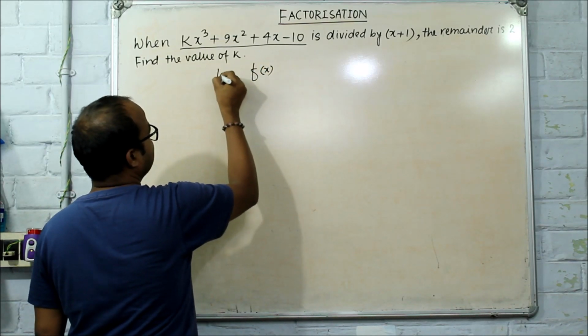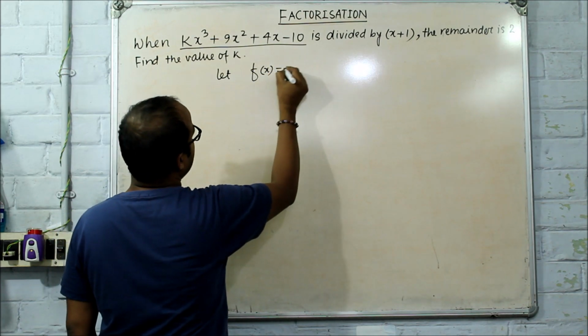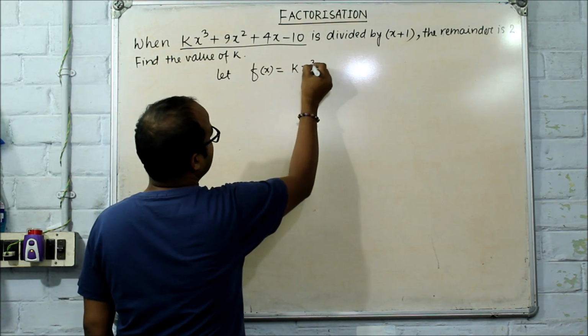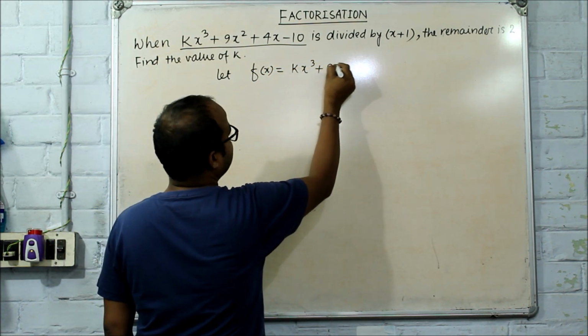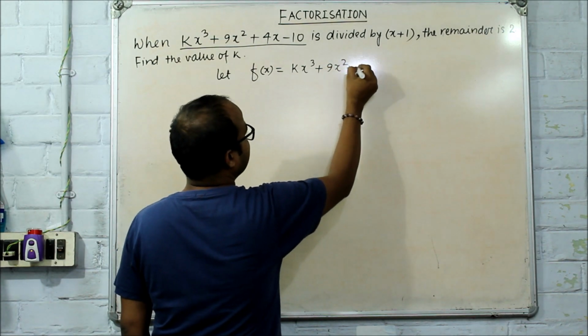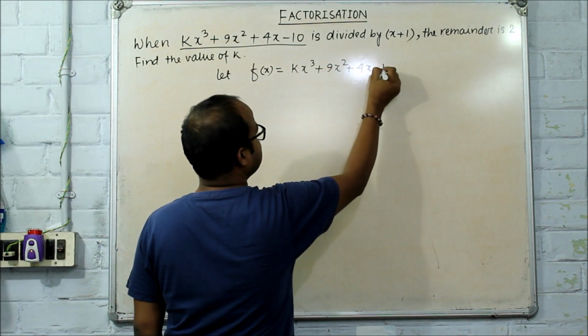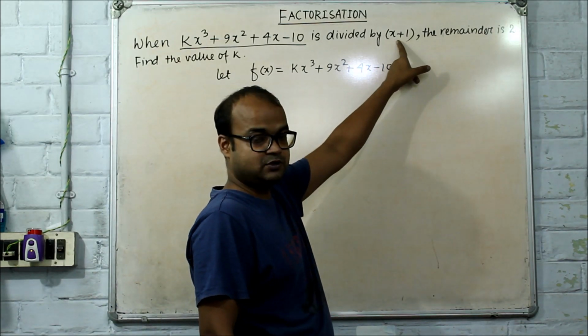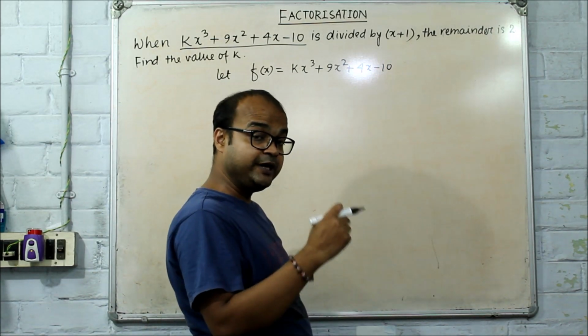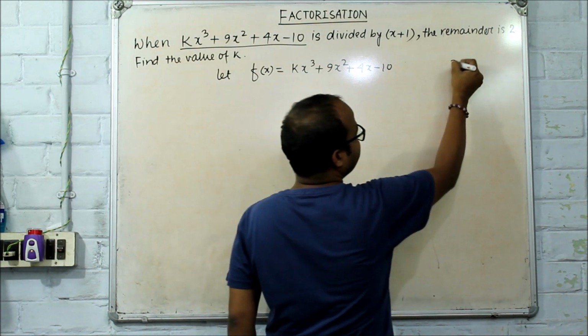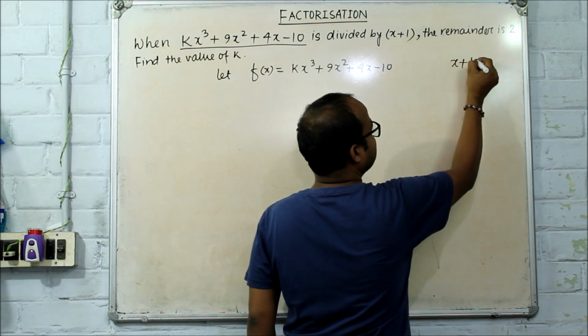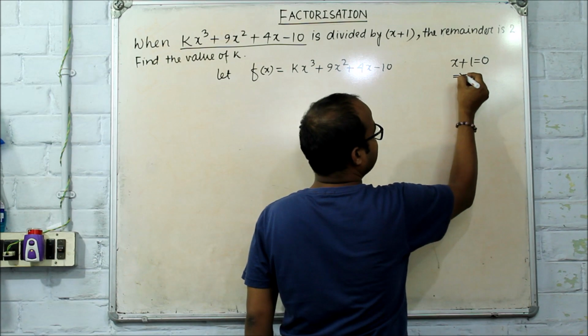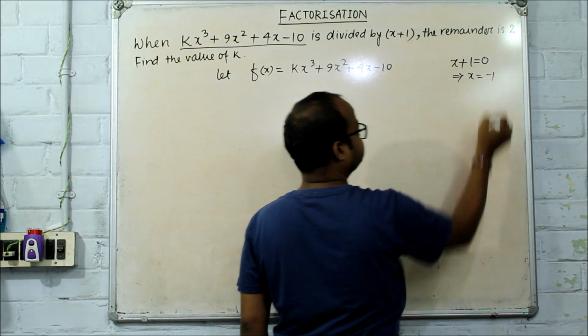Let f(x) is equal to kx cube plus 9x square plus 4x minus 10. Now when it is divided by x plus 1, what we are doing? We are equating it to 0. So x plus 1 is equal to 0. It implies x is equal to minus 1.